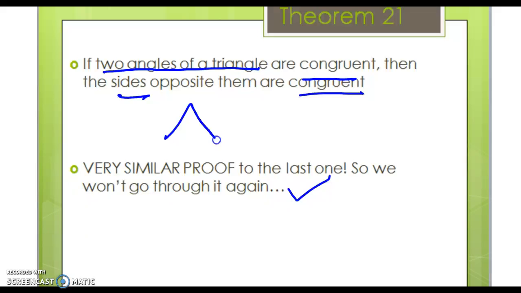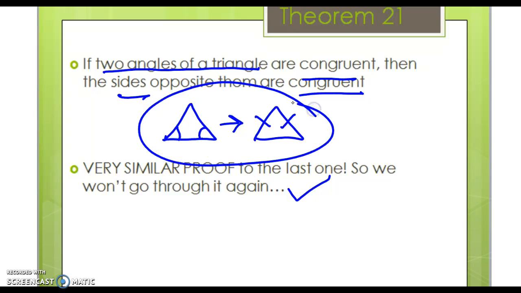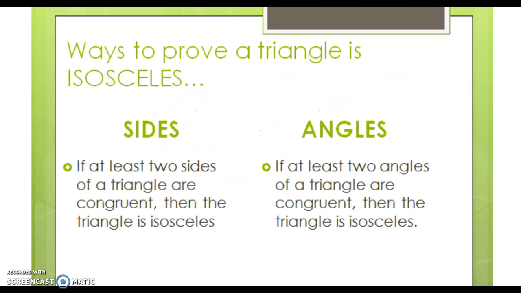Similarly, because it's the converse, when I draw the picture, I'm going to switch the hypothesis and the conclusion. So if two angles of a triangle are congruent, that implies the sides opposite them are congruent. So this is the converse of our isosceles triangle theorem, and feel free to draw this picture on the right-hand side of future proofs.